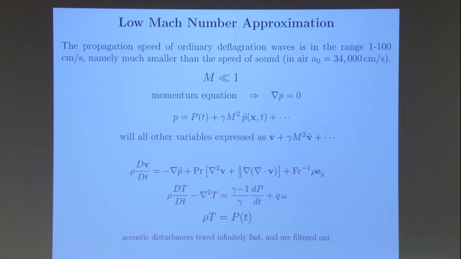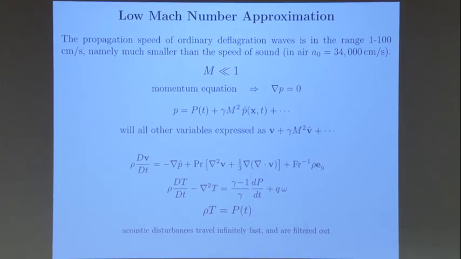But the consequence of this is that in the equation of state, for example, only this capital P would appear, but not this pressure. In other words, that's a small perturbation, negligible. And if there is nothing that changes the pressure in time, then it will be constant. So essentially, it's the so-called quasi-isobaric approximation. More generally, it is the low Mach number approximation.